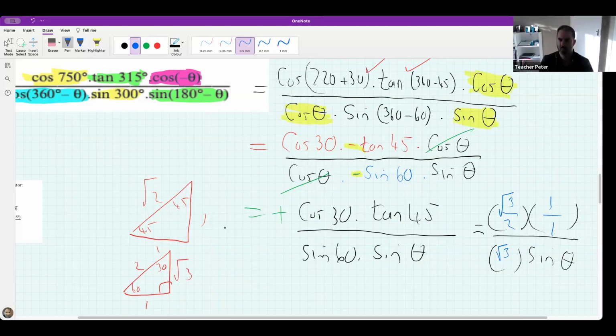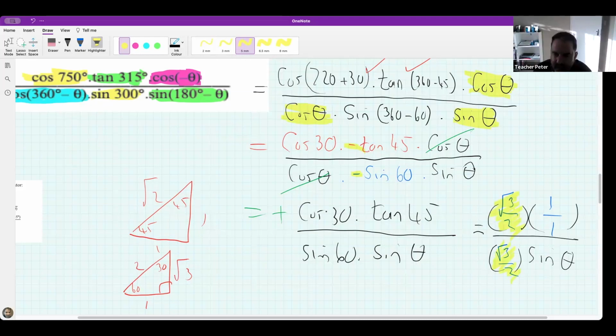What am I going to do next, everyone? What do you think is the next most obvious step? I just noticed something. Oh, I could have actually noticed this earlier on. I've just noticed that these two are the same, and that makes so much sense because the cos of 30, if I use co-ratios, I'm going to be sneaky here.